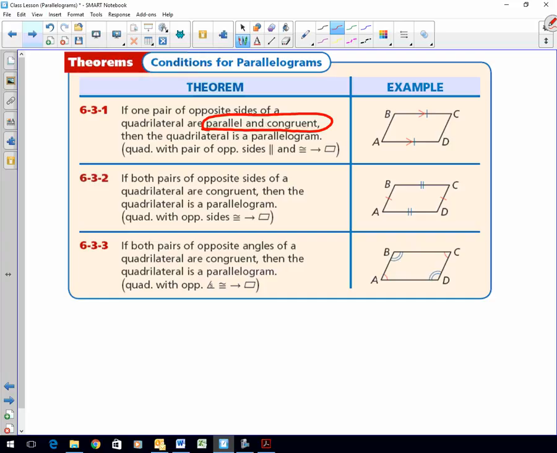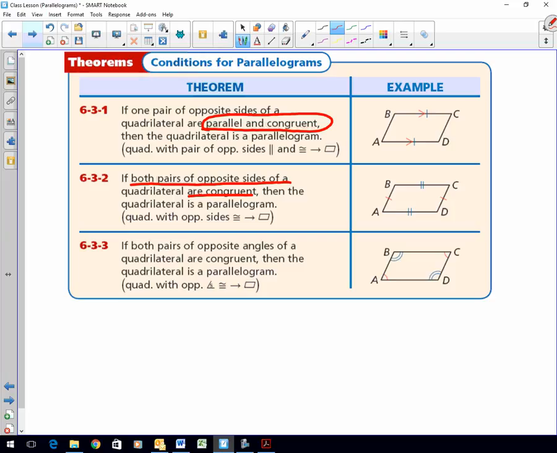Or if both pairs of opposite sides are congruent, then I've got a parallelogram. You see the difference, right? This one, I've got to have both parallel and congruent amongst one side. Here, I have to have two pairs of congruent sides. I don't know if they're parallel or not. I just know that both of them are congruent.